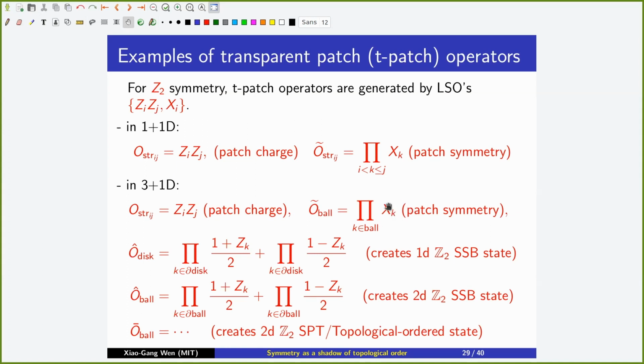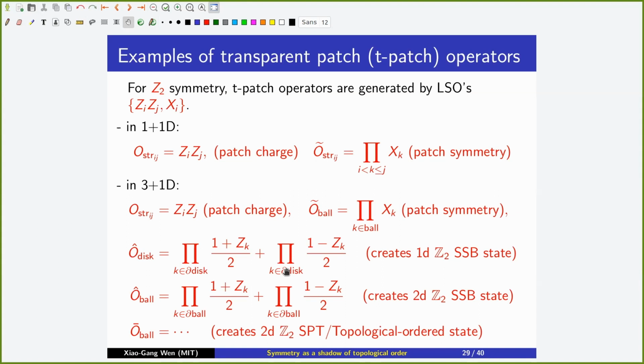Okay. So actually, this operator creates this one-dimensional Z2 spontaneous symmetry breaking state. We apply this operator on the boundary, you get a spin down plus a spin up. You create this one-dimensional phase.